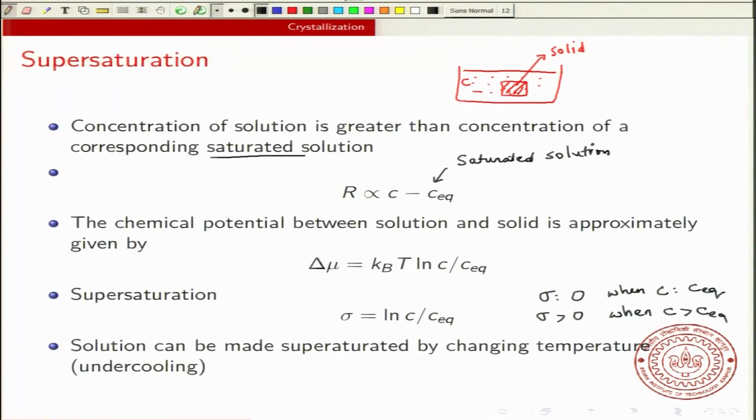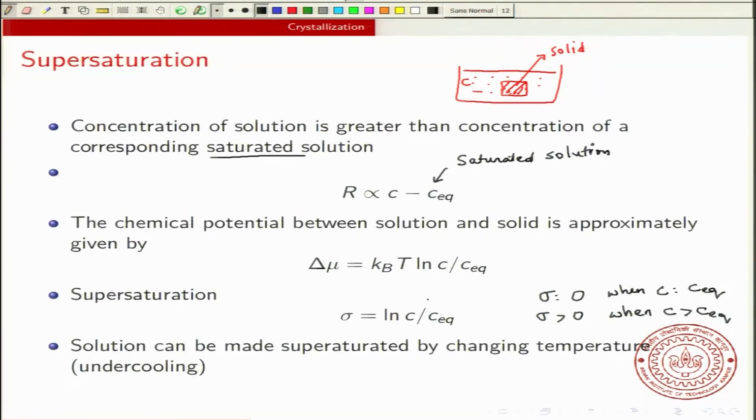And again you should remember that that is not an equilibrium solution, and that is why it crystallizes. So, this idea of supersaturation is quite interesting, and what you can see is that delta mu, the difference in chemical potential, is proportional to this supersaturation.